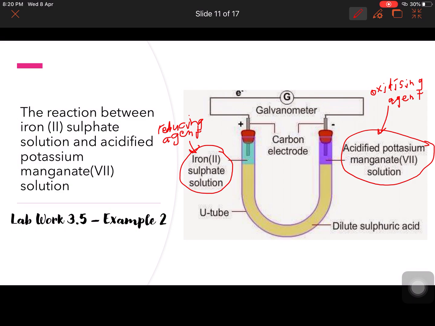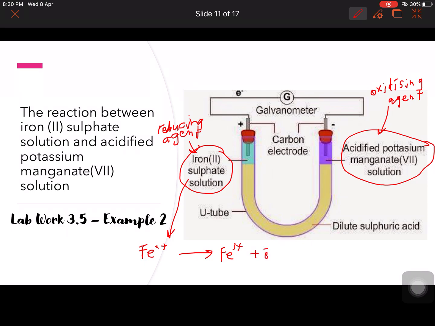So iron sulfate, yang mana yang involved in the reaction? Iron or sulfate? Iron. Okay, this is changing iron 2 becomes iron 3. Dia donates electron, so makin increases in the charge, jadi become 3+. Donates means tambah electron here.